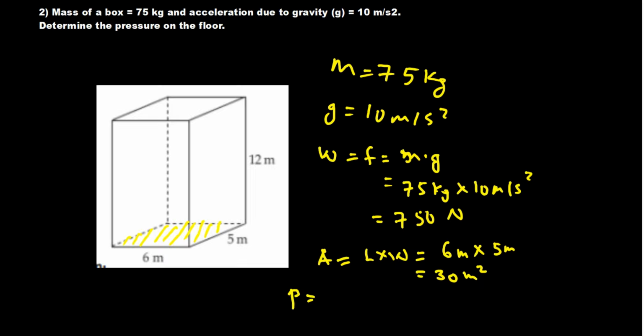So pressure P will be equal to force, which is the weight we calculated above, 750 Newton, divided by 30 meter square, which will be equal to 25 Pascal.